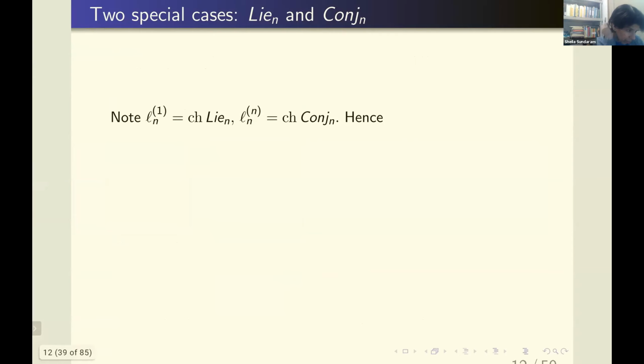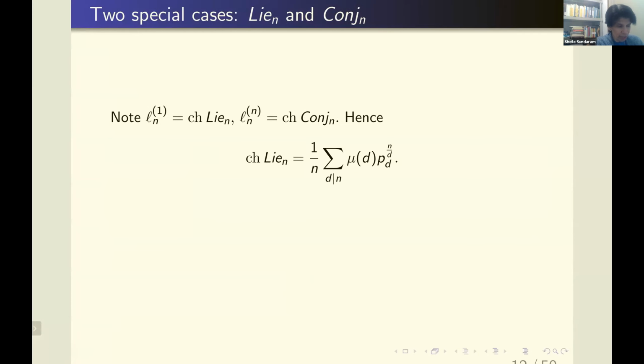So I sort of switched notation on you. I just wanted to point out that Ln superscript 1 was Lie n and Ln superscript n was conj n. In those two cases, Foulkes' formula simplifies considerably, and you have this thing that's very familiar to a lot of people, I'm sure.